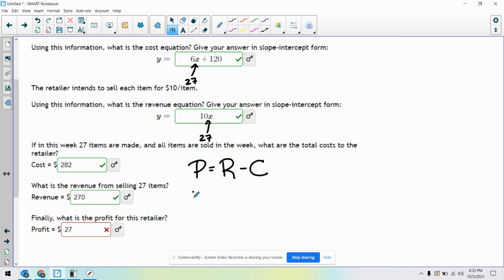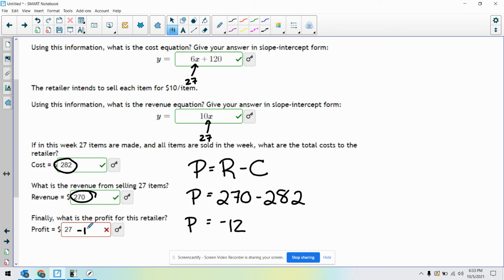So in this particular case, my profit is going to be equal to 270, my revenue, minus my costs, 282. This answer minus this answer, which is weird because we get a negative number, but your profit in this case is actually going to be negative $12.